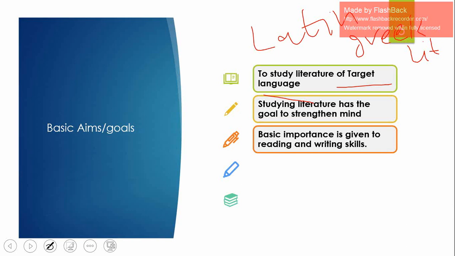All of the knowledge was in books, in notes. So the basic importance was given to reading and writing skills, because only these two skills were needed at that time, or only these skills were focused on in this method.